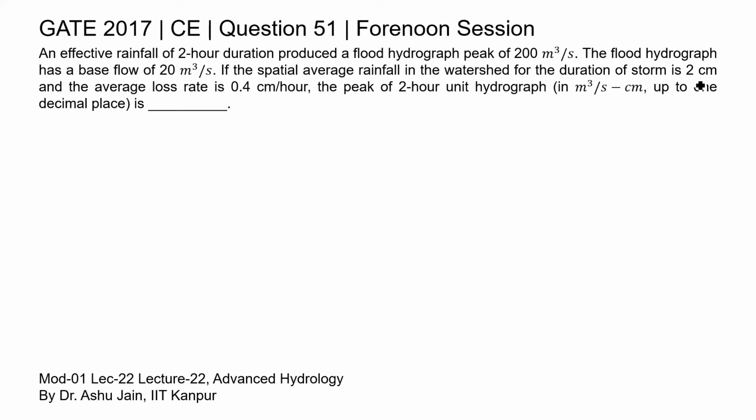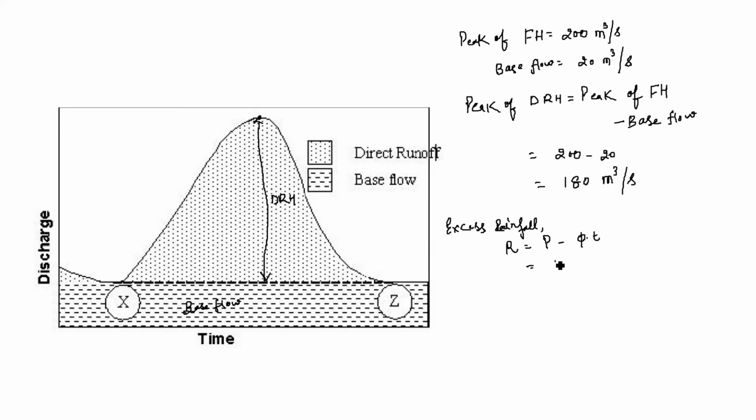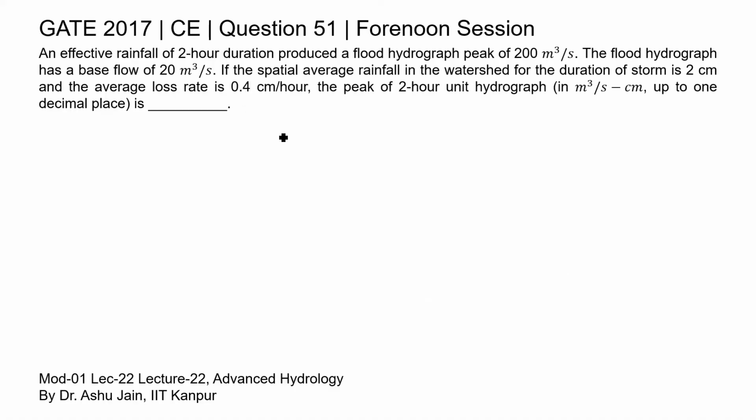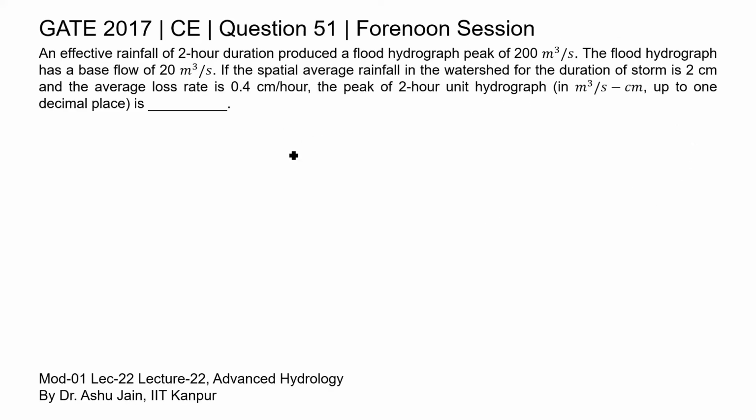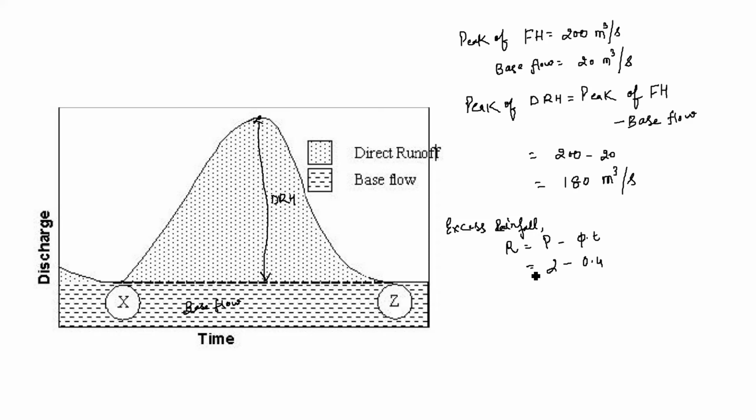Here precipitation is given as 2 centimeter. So P is 2 centimeter minus phi index, which is 0.4, and duration of storm is 2 hour. So now after calculating it, we will get the runoff as 2 minus 0.8, that is 1.2 centimeter.